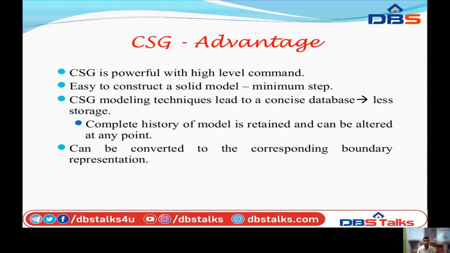That means the history of the model is nothing but the Boolean operations, like union, subtraction, and intersection, used to generate the geometric model. The history will be stored in the data structure.